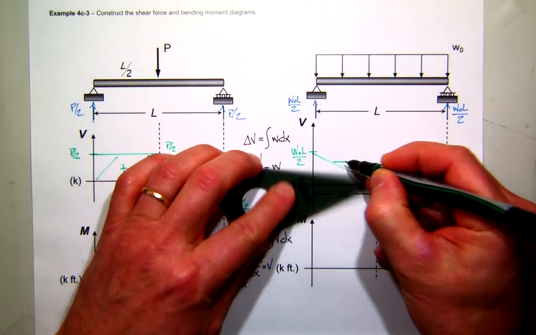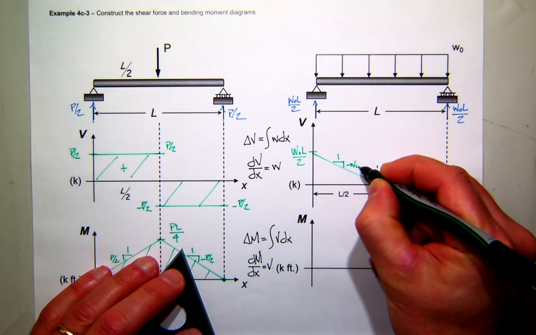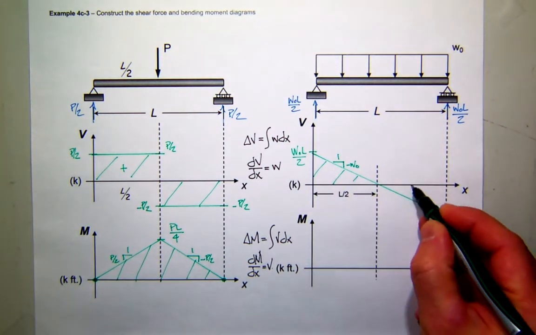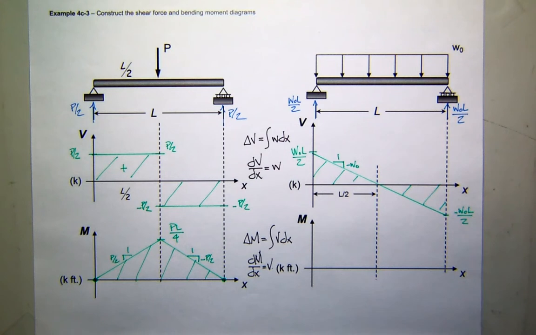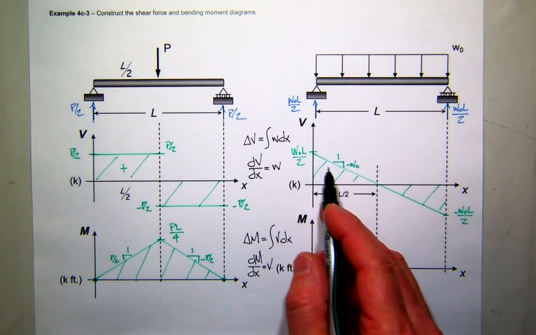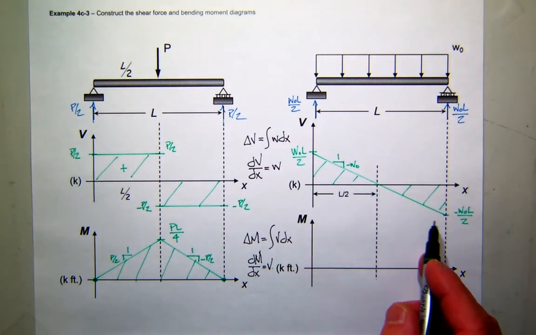In fact, if I were to measure that slope, it would be negative W naught to 1. So there's my shear diagram. Any questions about that? It looks like the shear starts off positive, linearly decreases to 0, and then continues on to be negative.